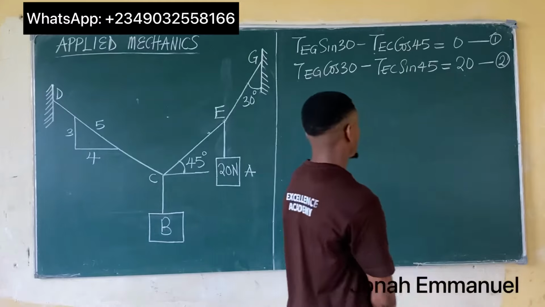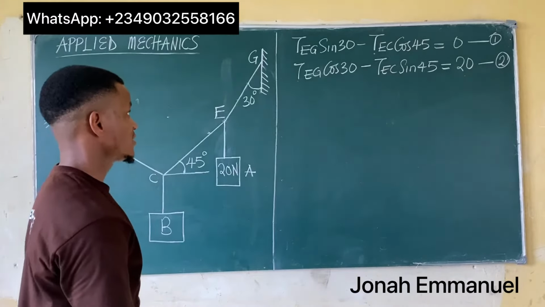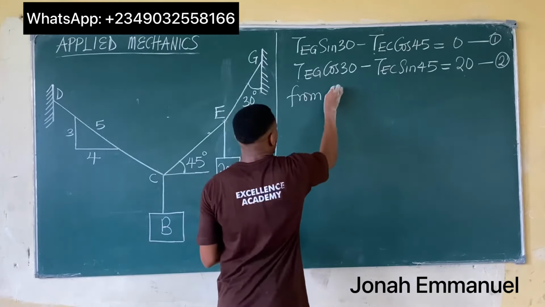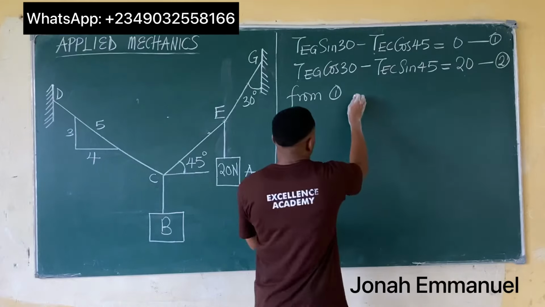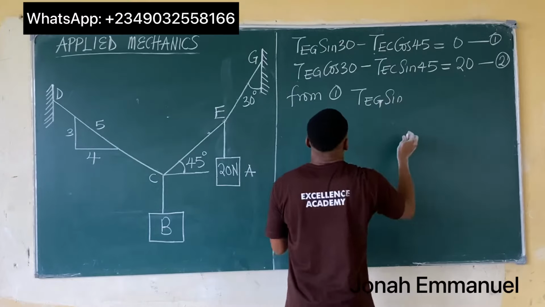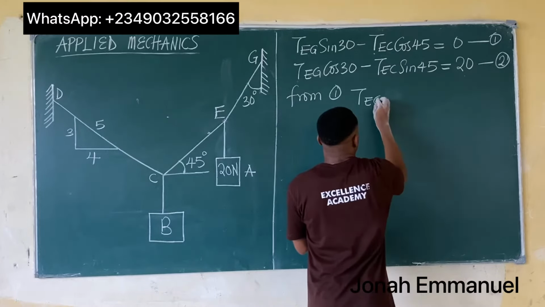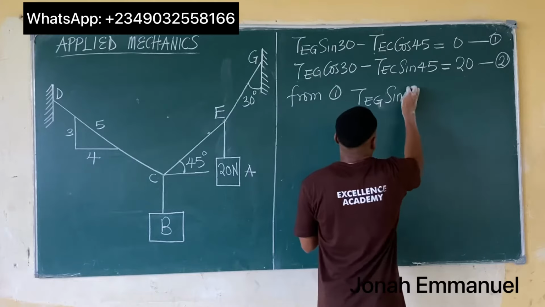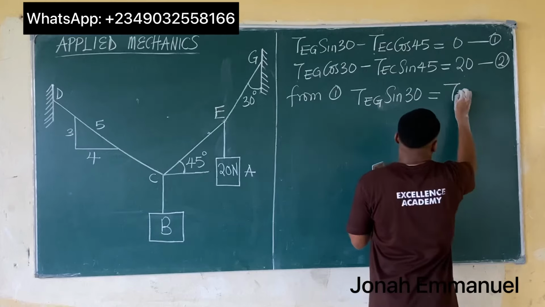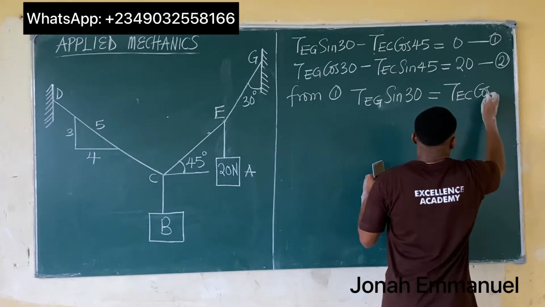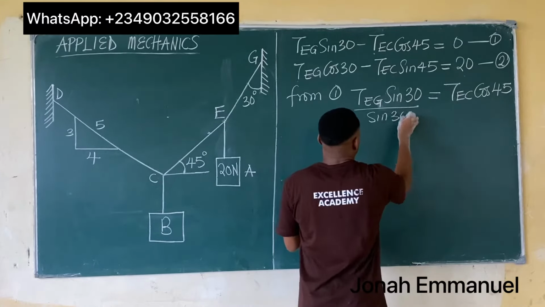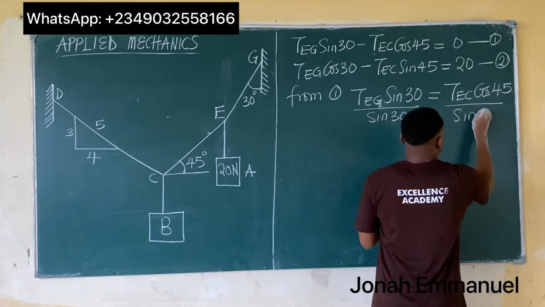Depending on how you want to solve this, you could use the substitution method. From equation 1, we have that TEG sine 30 is equal to, the minus comes and becomes plus, TEC cos 45, divided by sine 30.